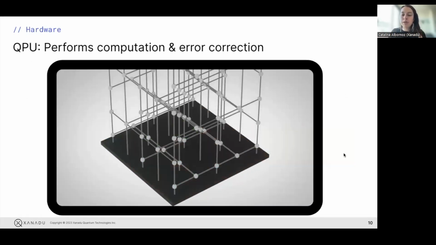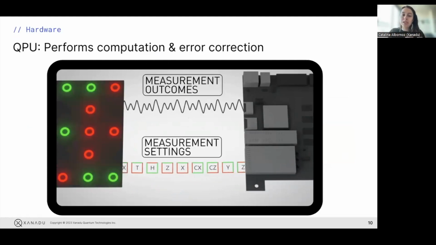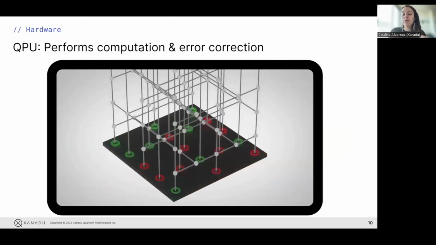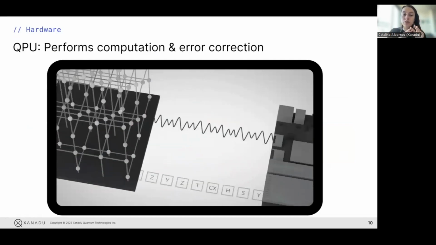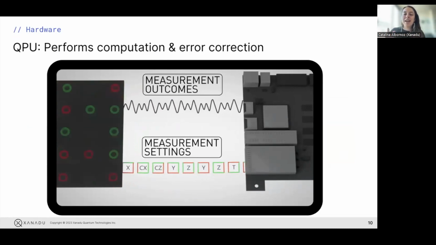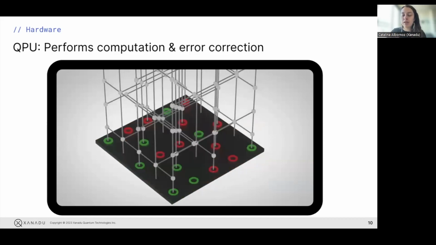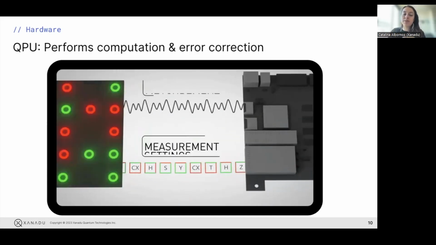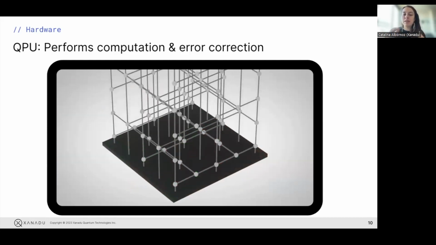So in measurement-based quantum computing, you prepare your qubits, you entangle them, and then it's at the moment of measurement that you apply your gates. So you can code your circuit like you always have with PennyLane, and then on the back end, you have a compiler that is transforming that into a specific setting that will perform a measurement in a specific basis.